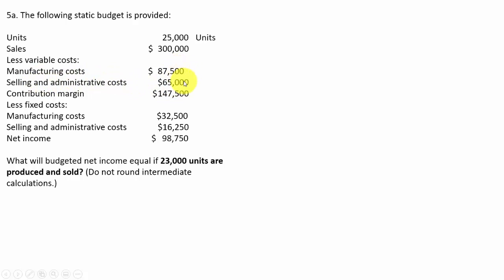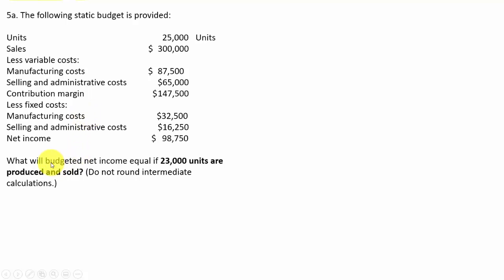You add these two variable costs together, subtract from sales, and you'll get a contribution margin of 147.5. Then you subtract all fixed expenses of manufacturing costs of 32.5, selling and administrative costs of 16,250, add these two together, subtract those from contribution margin, and come up with that income. So that's all of our given information.